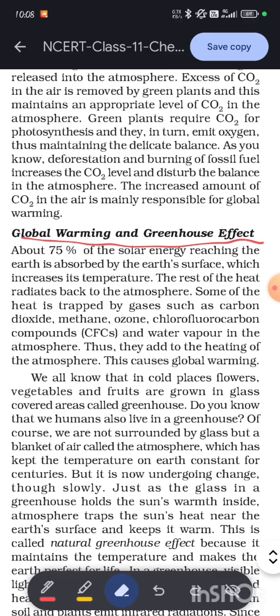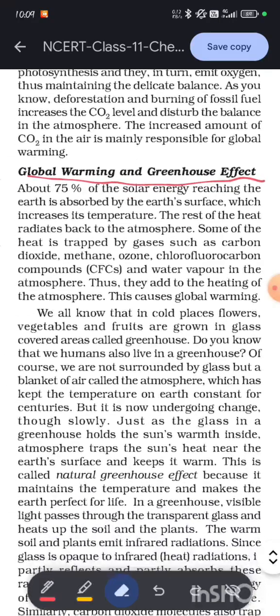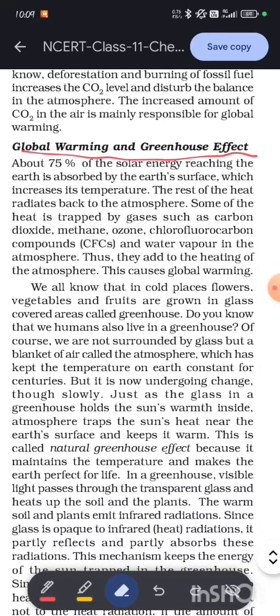This causes global warming. We all know that in cold places, flowers, vegetables, and fruits are grown in glass covered areas called greenhouses. Do you know that we humans also live in a greenhouse? Of course, we are not surrounded by glass but by a blanket of air called the atmosphere, which has kept the temperature on earth constant for centuries, but it is now slowly undergoing change.